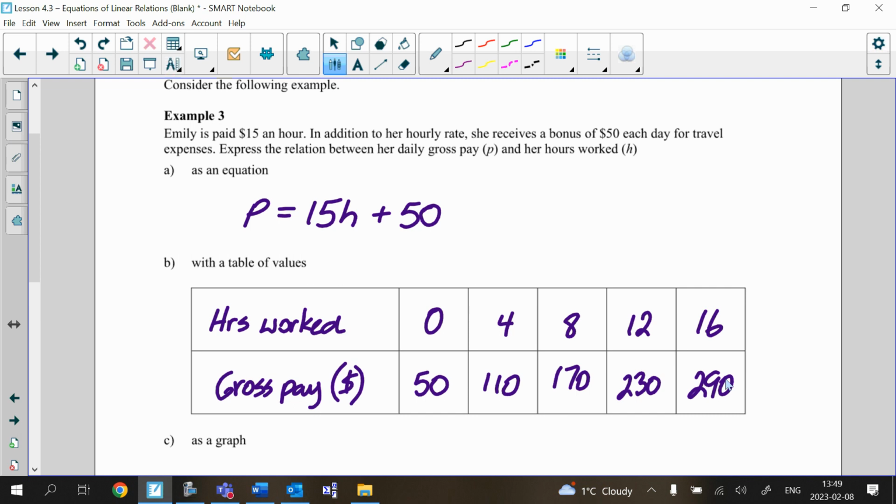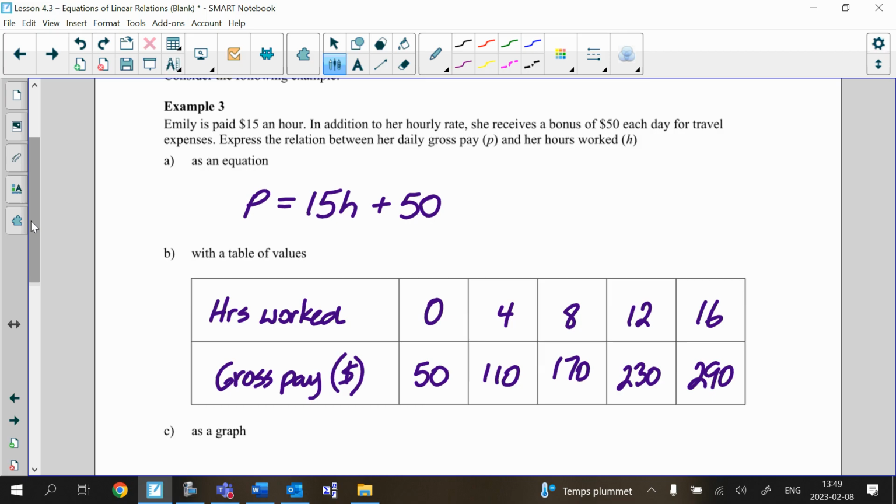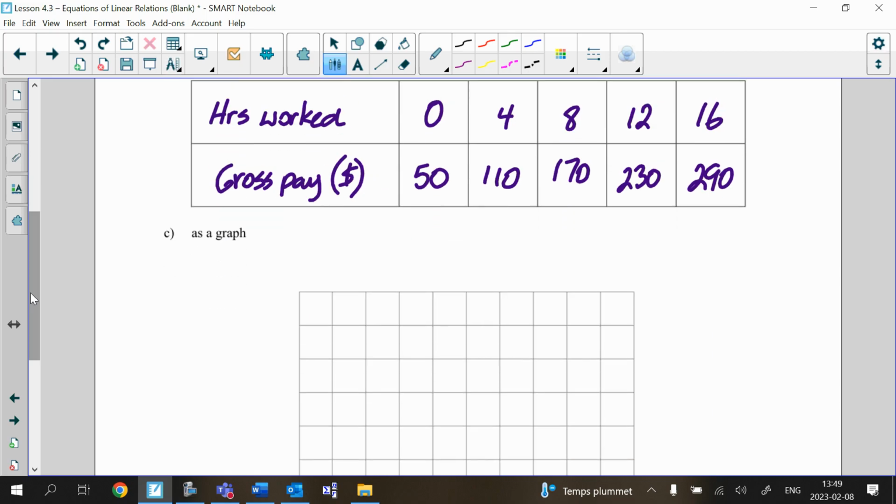So as a graph, again, hours worked versus gross pay. Independent variable is hours worked.